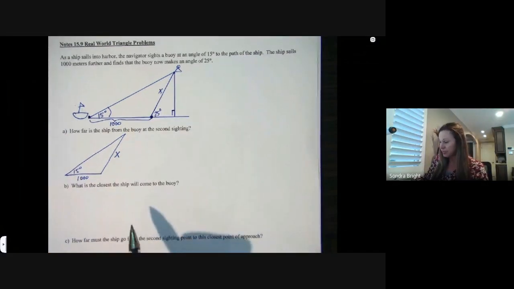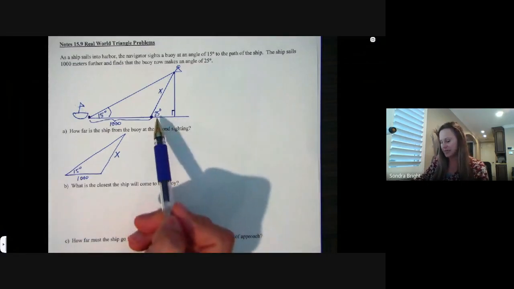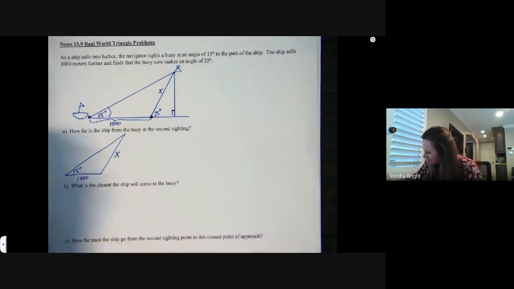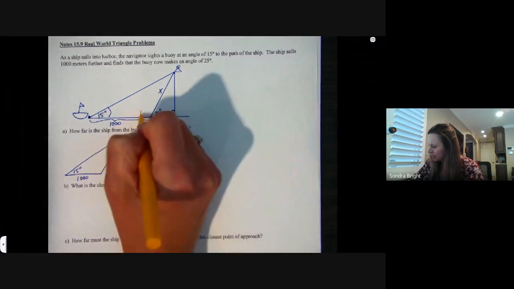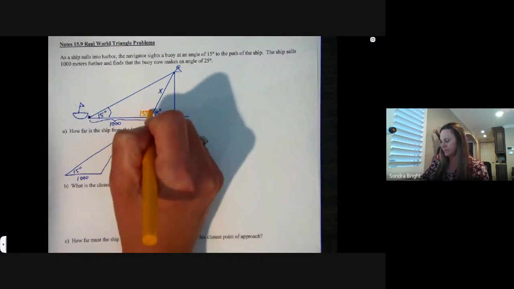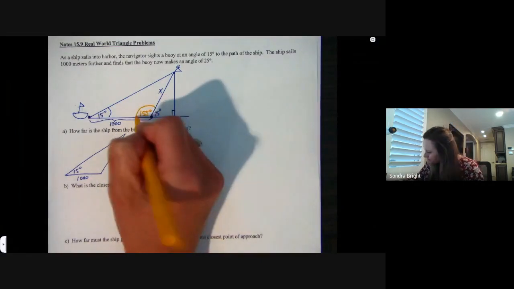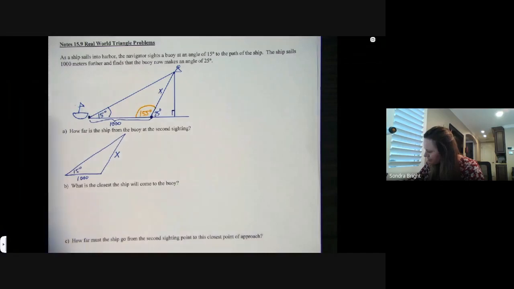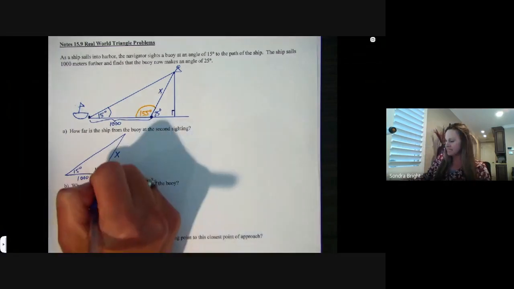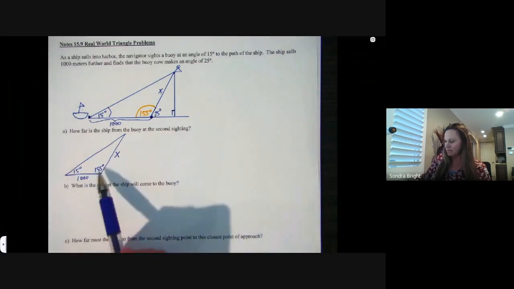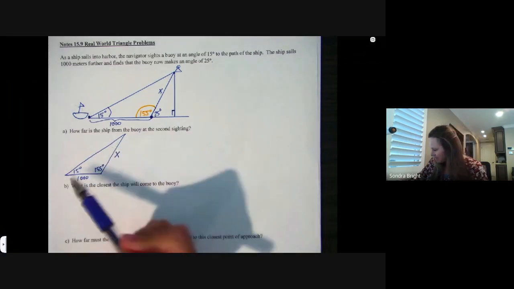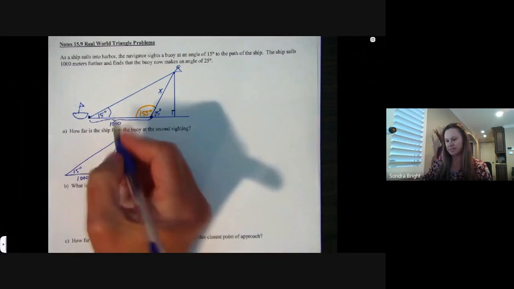Well, I actually do, because they told me 25 degrees is here, and the straight line makes 180 degrees. So this angle is 180 minus 25, and that's 155 there. That also means that since I know two angles, I know the third. These three angles add up to 180, and so that makes this angle 10 degrees.